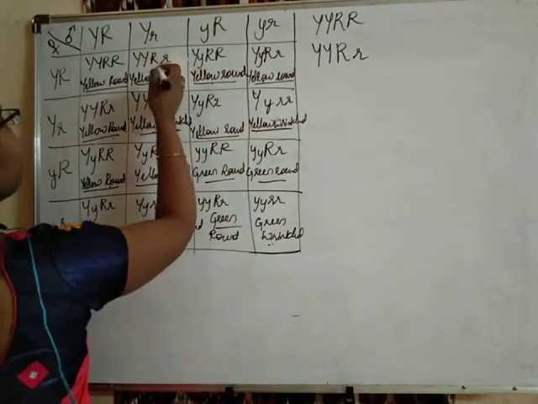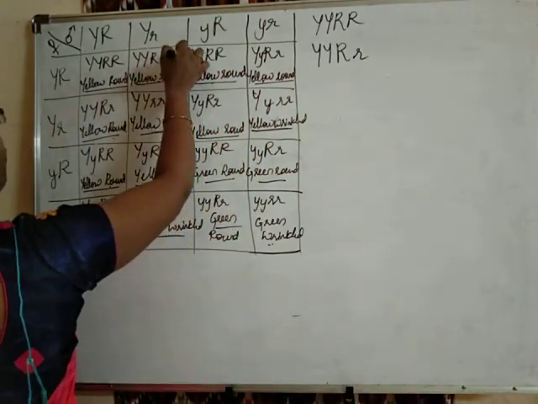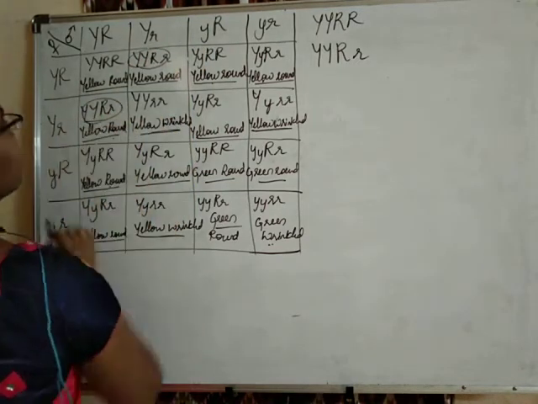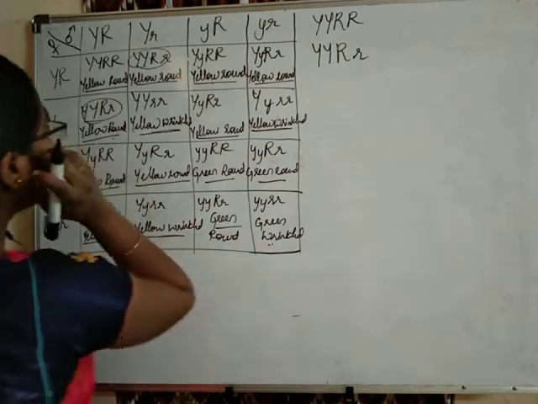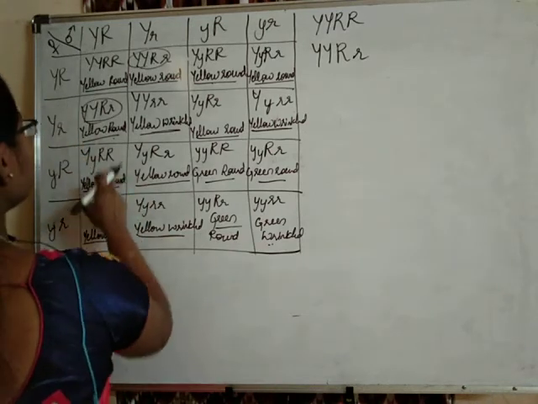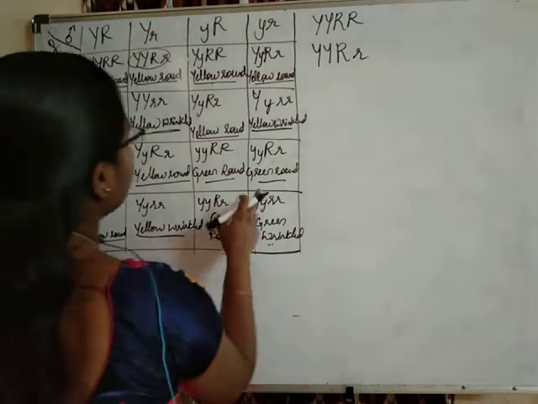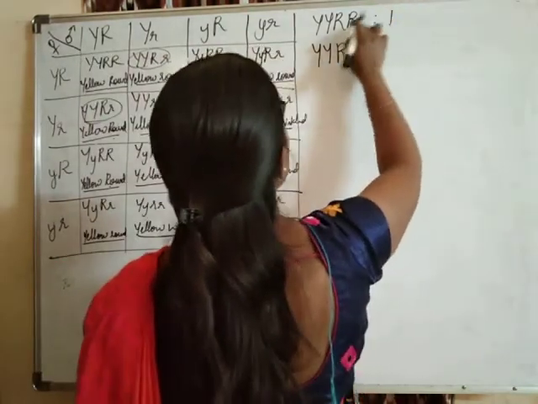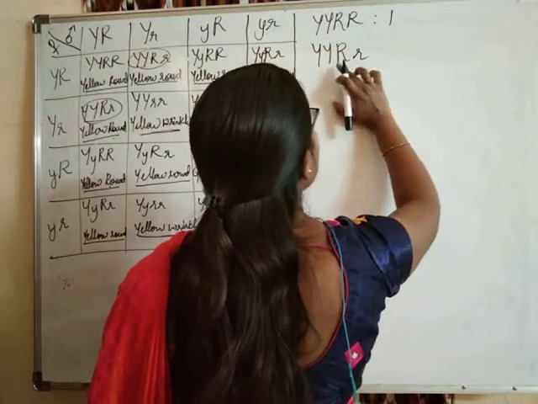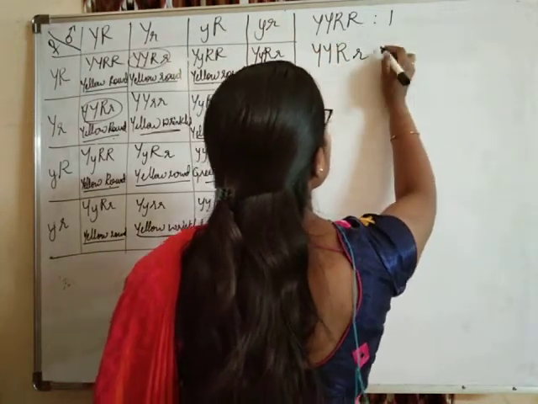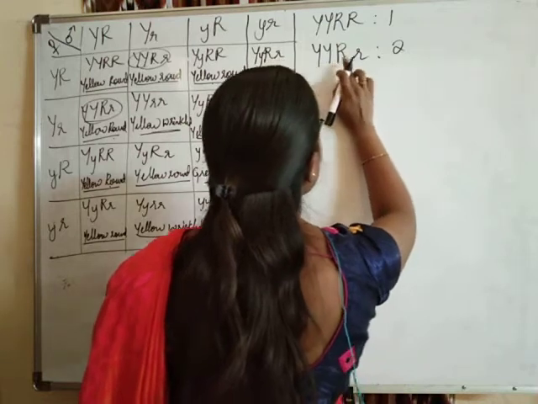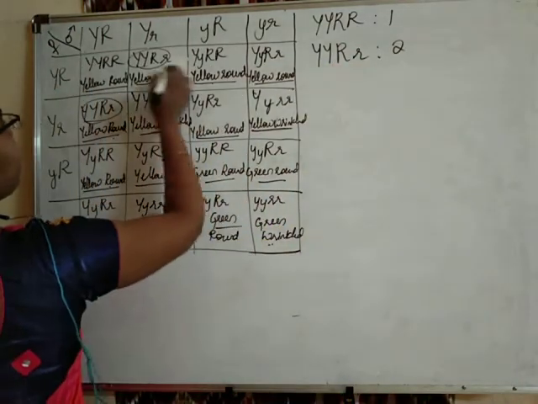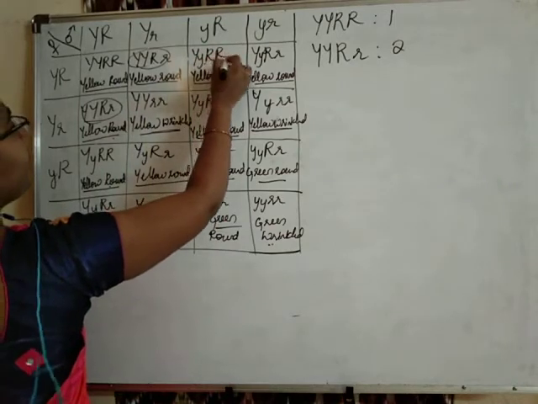Capital Y, capital R, small r, 1 and 2, right? Anything else? No, nothing else. So we are seeing only one capital Y capital R capital R, while we are seeing two capital Y capital R small r.